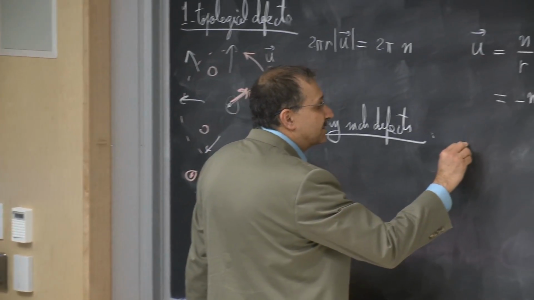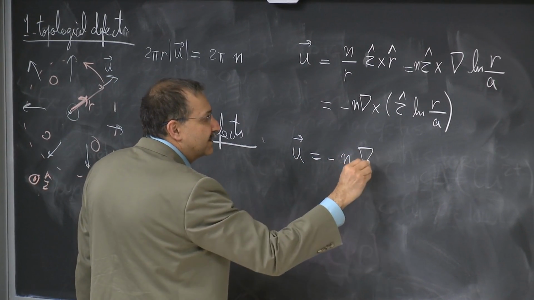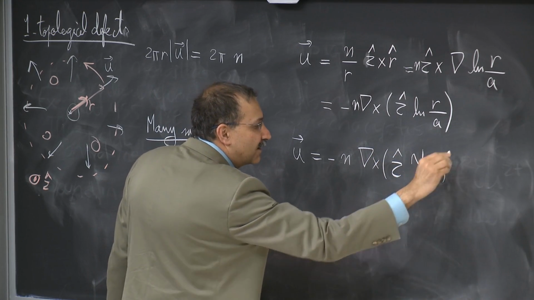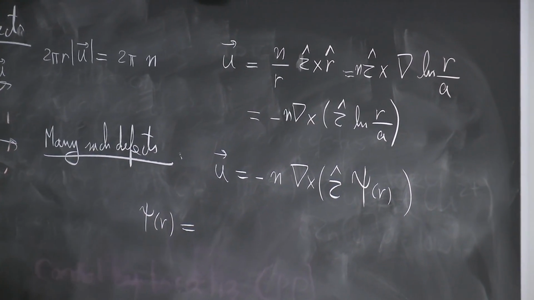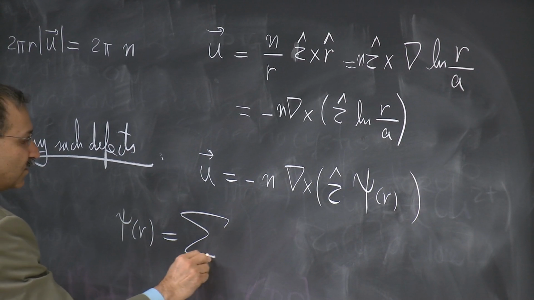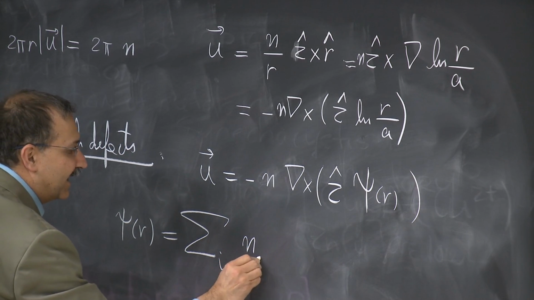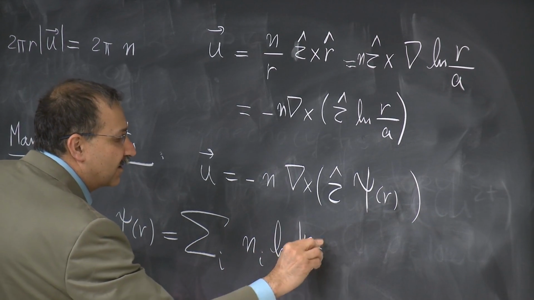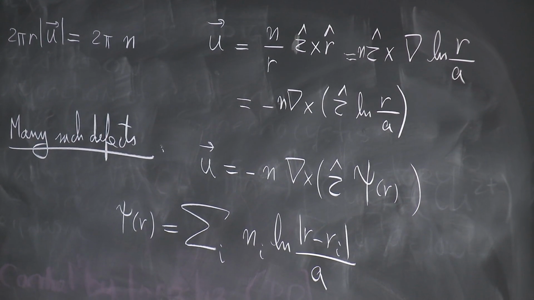So what I'm claiming is that I can write U as minus n curl of z hat times some potential psi of r, where psi of r is essentially the generalization of this log. I can write it as a sum over all topological defects, and I will have the n of that topological defect times log of r minus ri divided by a, where ri are the locations of these.